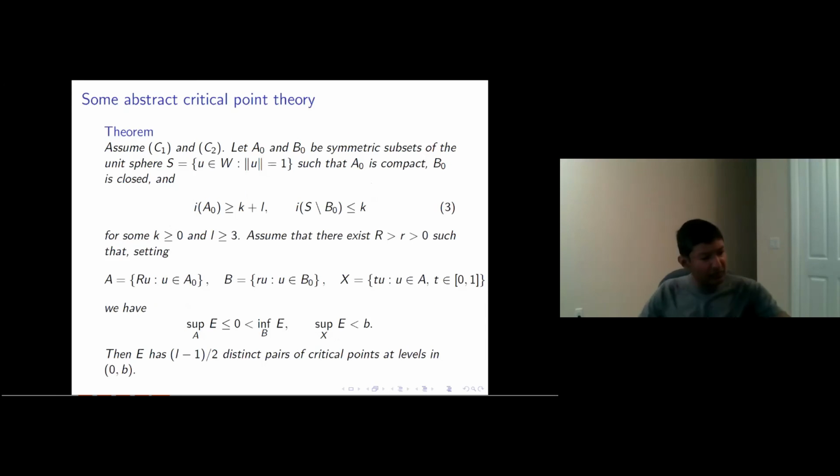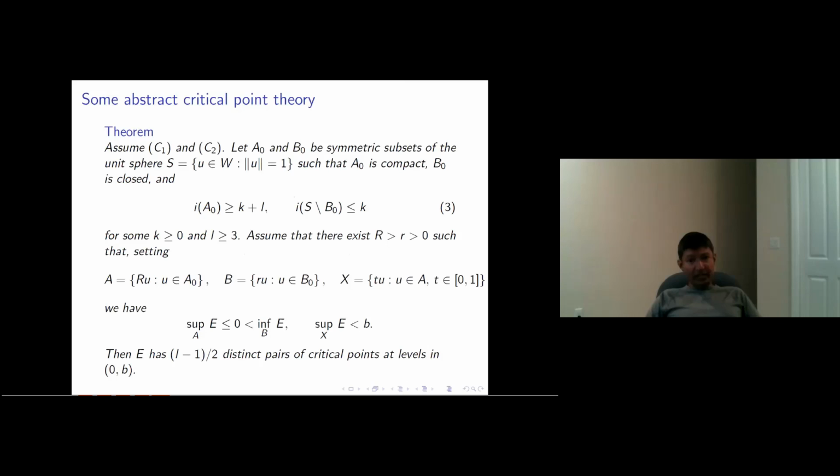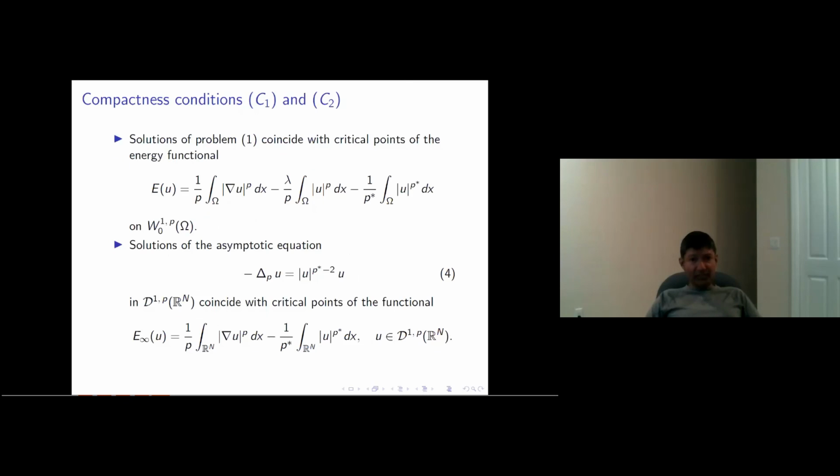Okay, so let me just indicate how these abstract results are applied in the case of the p-Laplacian. So in the case of the p-Laplacian, the functional E is this functional defined on W1 P0 omega.